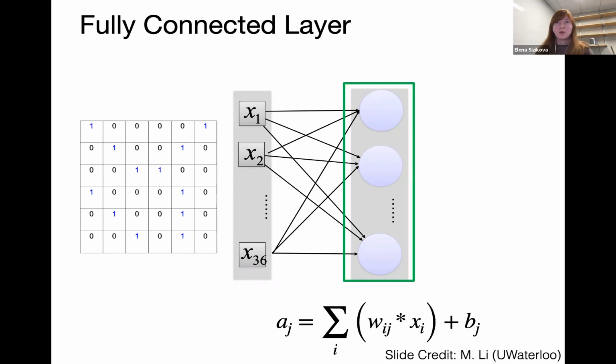So I want to move on to fully connected layers, and they're actually very similar to convolutions, except they have more connections. Mathematically, you can encode them as a kind of multiplication.